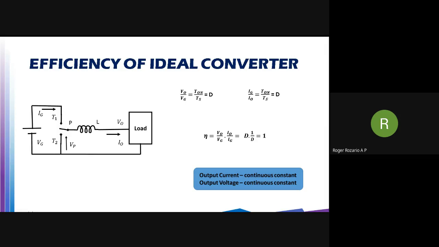But in a real converter, these ideal conditions of I naught being continuous and constant and V naught being continuous and constant are not really true. They are different. What we are going to do in the forthcoming classes for all the converter topologies is to find out these non-idealities, arrive at an expression for the forward voltage conversion ratio and reverse current transfer ratio, and finally derive the efficiency of the converter.